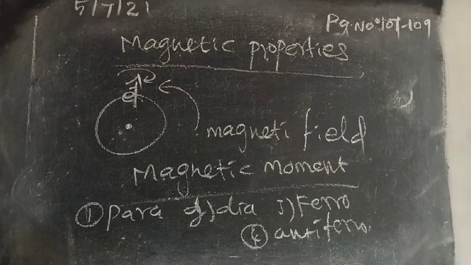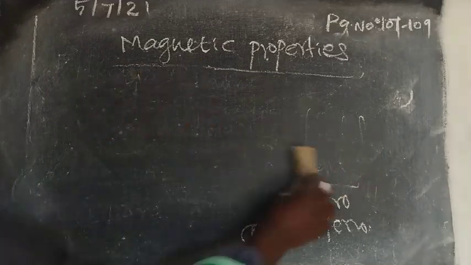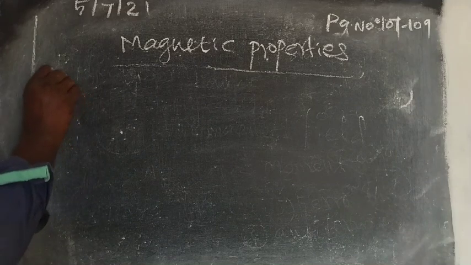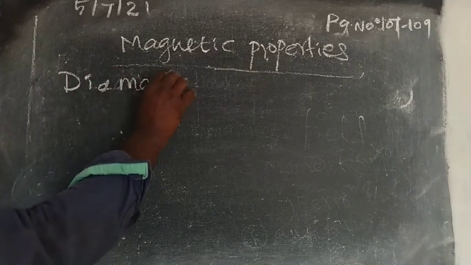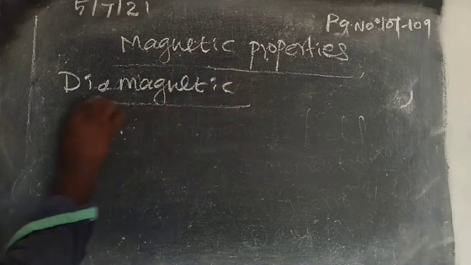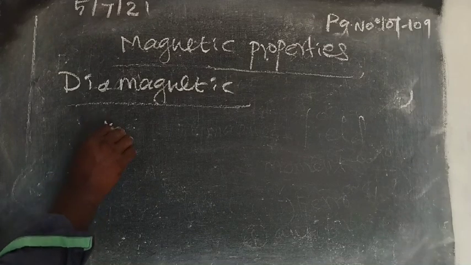Material with no elementary magnetic dipoles is called diamagnetic. Let us see one by one. First, we can discuss the diamagnetic character. Diamagnetic means it does not have any elementary magnetic dipoles.